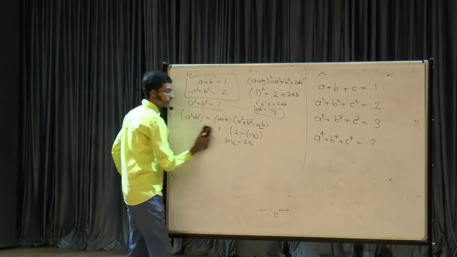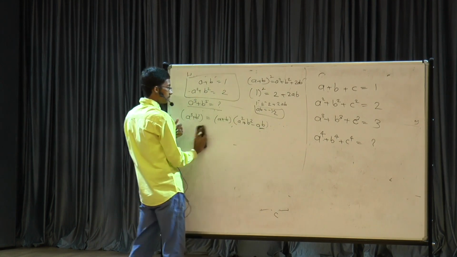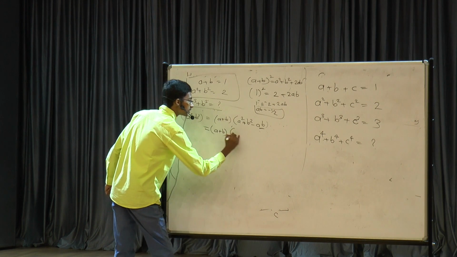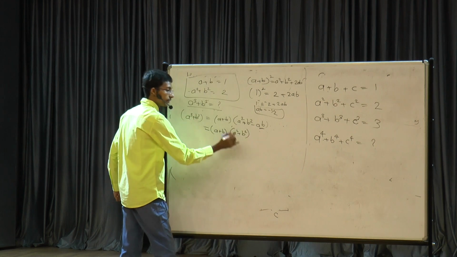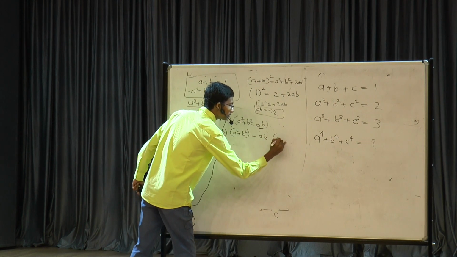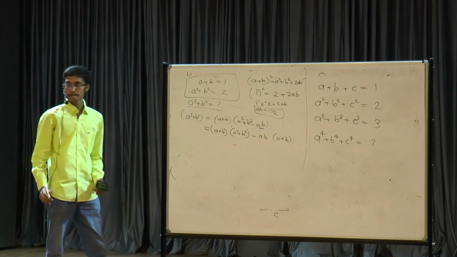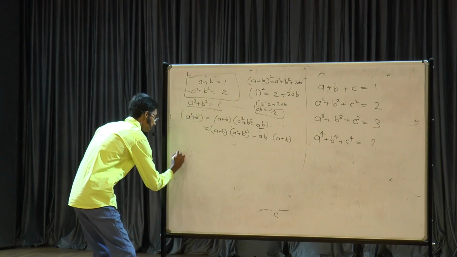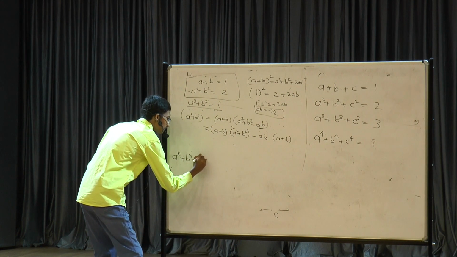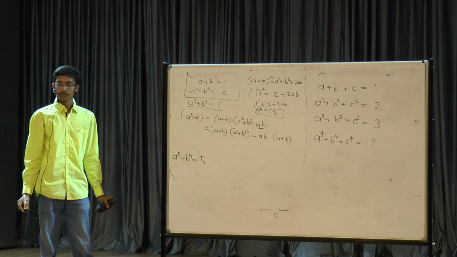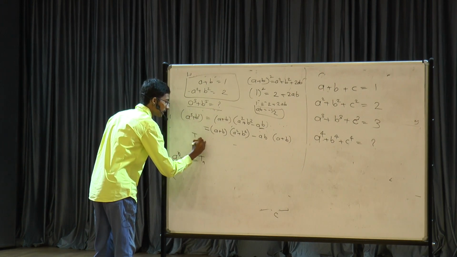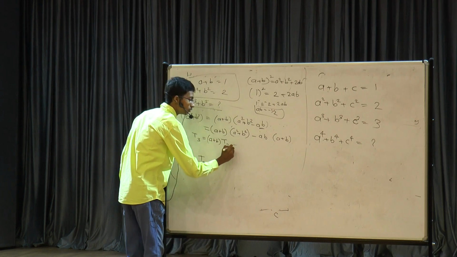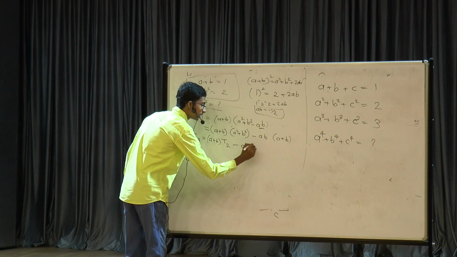How I am going to convert this to our problem is, notice that this is A plus B times A square plus B square minus AB times A plus B. Why am I doing this? If I define A power n plus B power n as Tn, what it's saying is T3 is A plus B times T2 minus AB times T1.